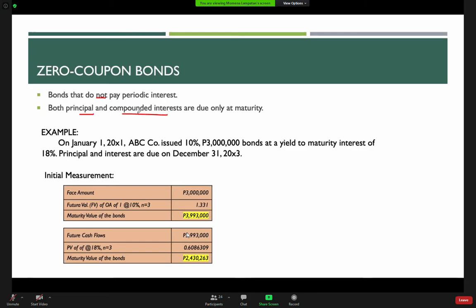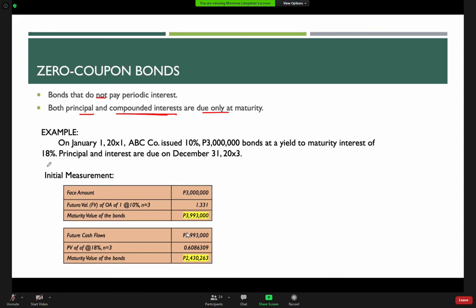So since hindi natin nababayaran yung interest, nagiging outstanding siya. And dahil nagiging outstanding siya, yung interest, nag-i-interest din. That is why tinatawag siyang compounded interest. Yung interest, nagkaka-interest. Okay? So the corporation will only pay the principal and the interest on maturity date.